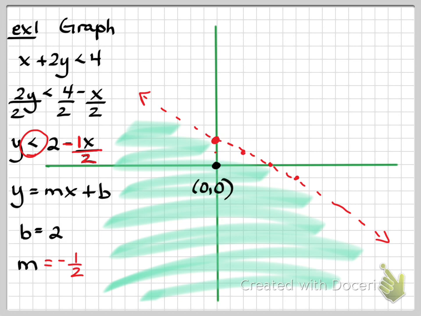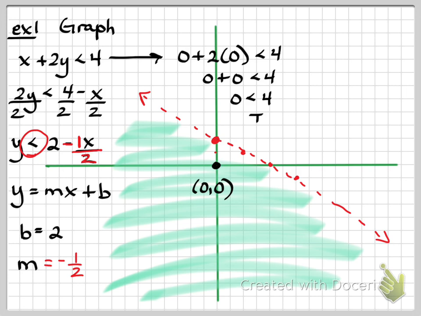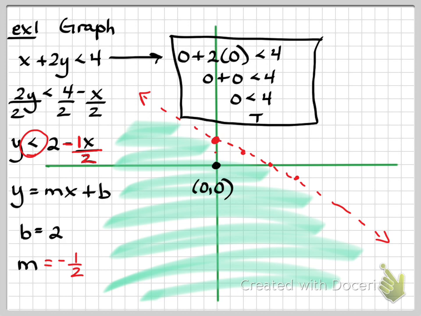So when you test 0, 0 in your original, you plug 0 in for x and 0 in for y. And you'd get 0 plus 0 is less than 4. Is that true or false? Well, that's true. 0 is less than 4. That means we shade the side that has 0, 0 on it. So we do shade that side. You don't have to do this unless that's the way you learned it. Then that's great. But lots of classes will just say less goes below.